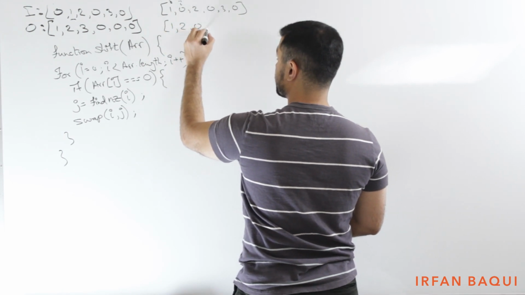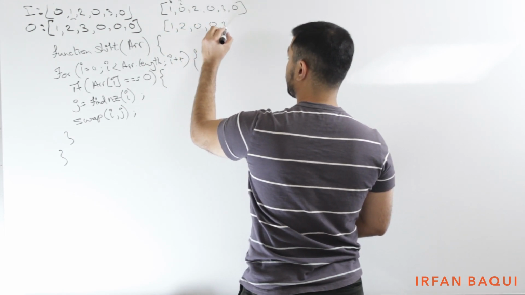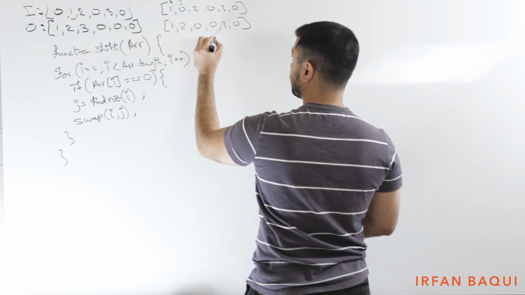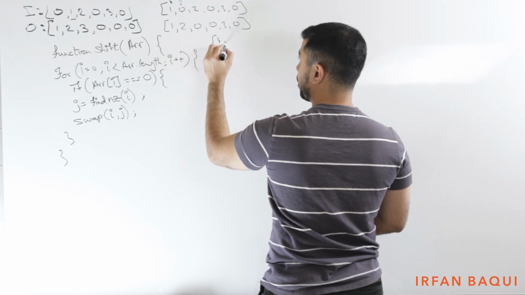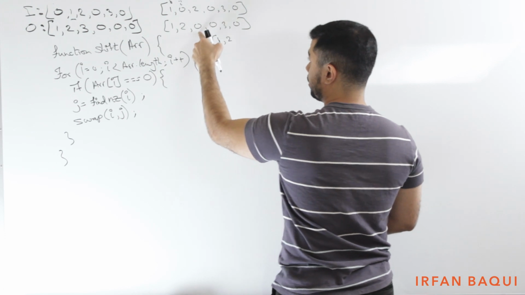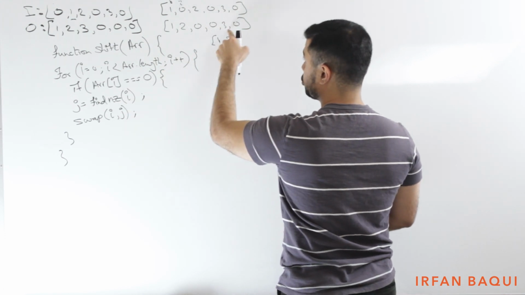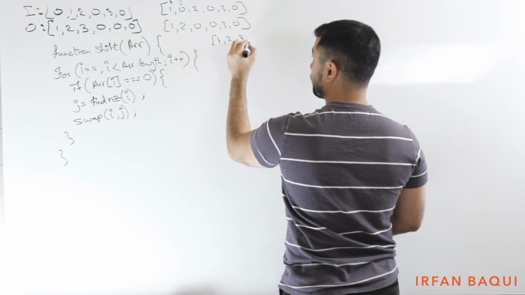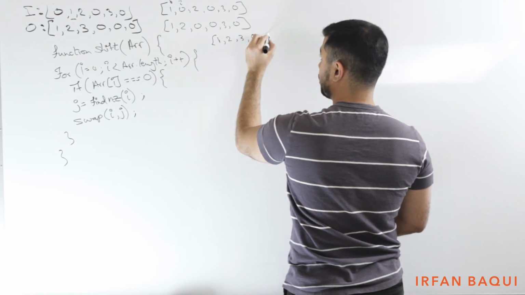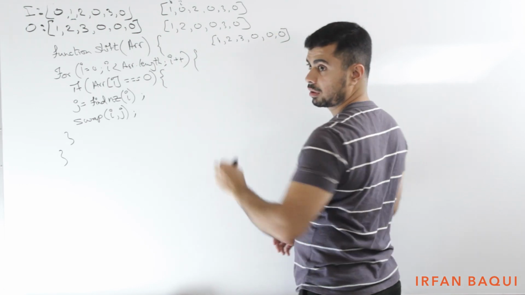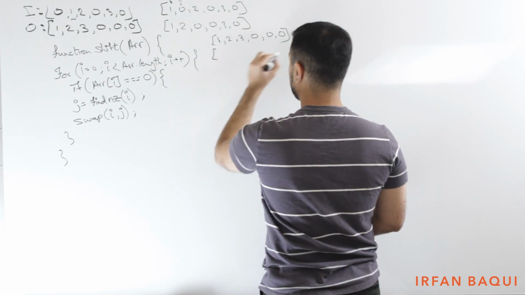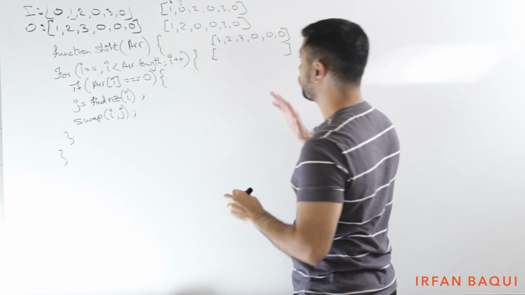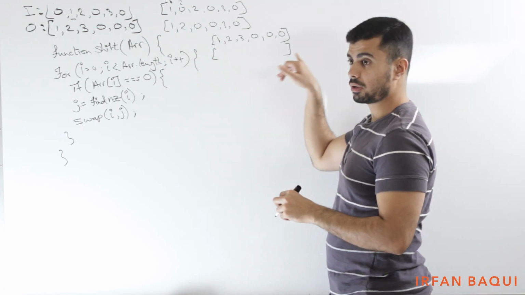So I have 1 2 0 0 3 0. In the third iteration, I will have 1 2, and then in this case j should find me 3. So I'll have 1 2 3 0 0 0, right? And then in the fourth iteration, ideally I would want to stop right here.